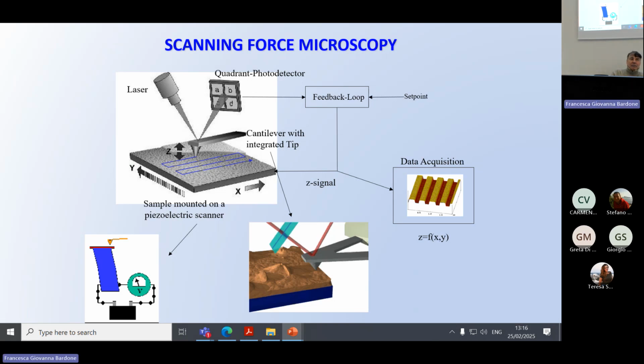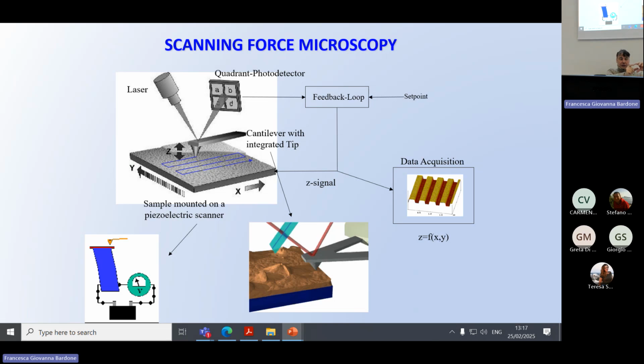How can I measure the deflection of the cantilever toward the sample, or outward from the sample? It is measured in this way. We have a laser. The laser is reflected from the back of the cantilever, and the image of the laser is focused on a four-quadrant photodetector.